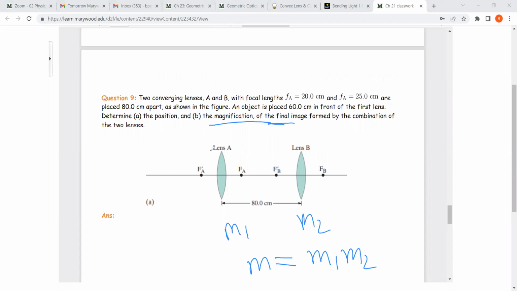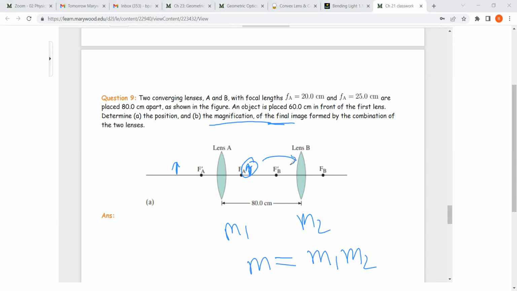So you analyze this lens first and then this lens, and finally if you want to know the final image magnification, you do something like this. Another thing: let's say we have the object here, and you get an image of this object somewhere here. Now this image is the object for this lens.